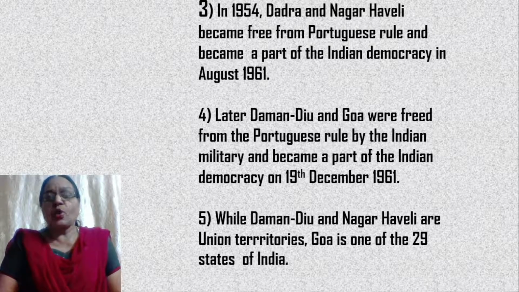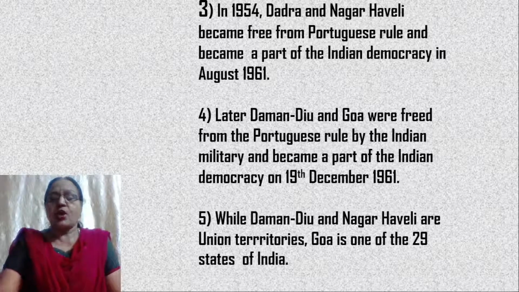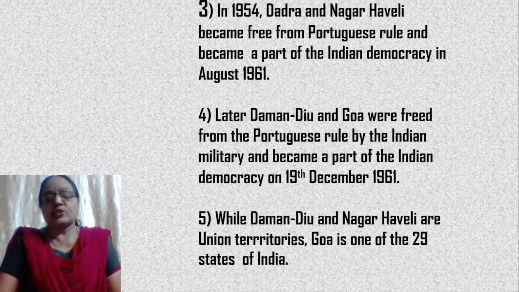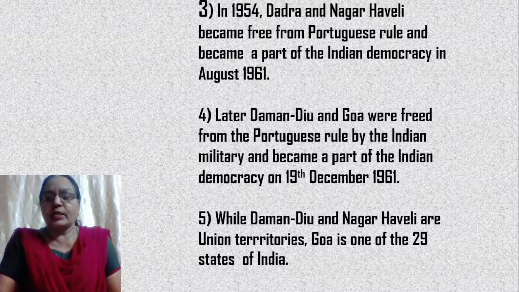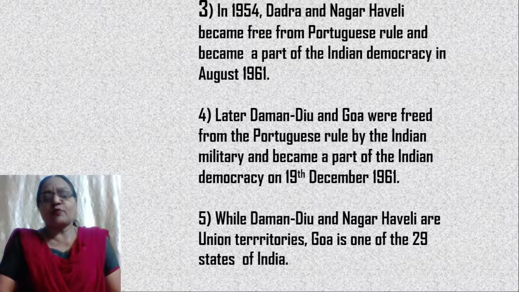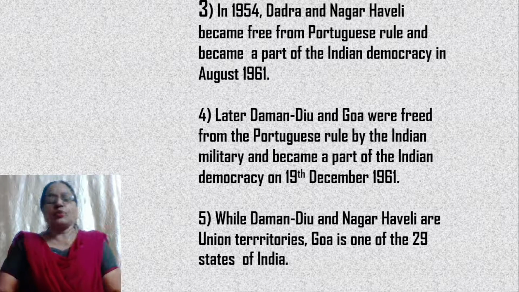Goa, Daman and Diu were freed later, on 19 December 1961. As I told you, the Indian military had to intervene here. Goa is now one of the 29 states of India. Daman and Diu and Nagar Haveli are union territories.